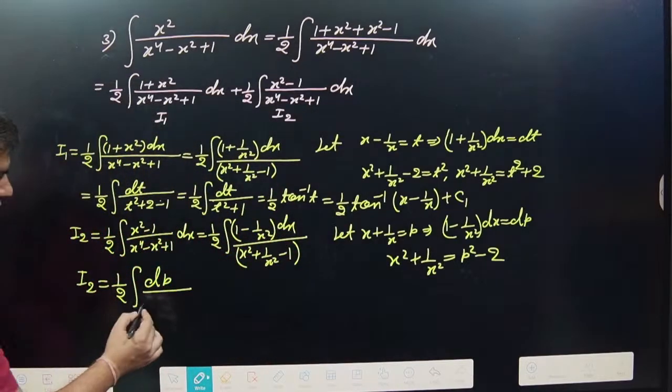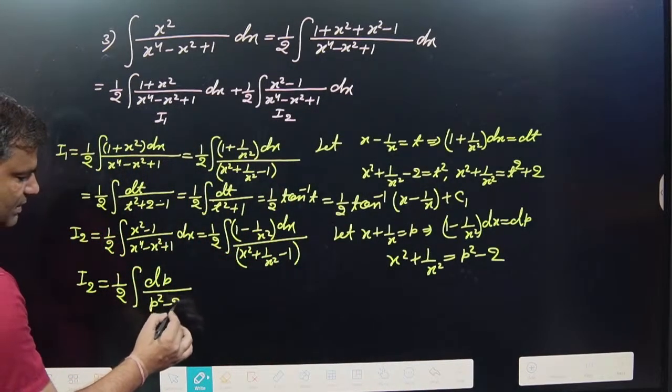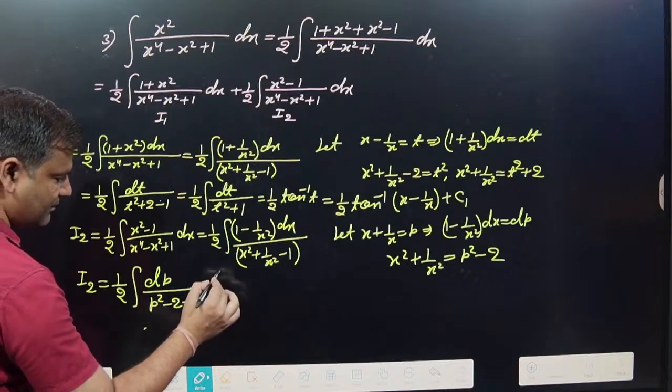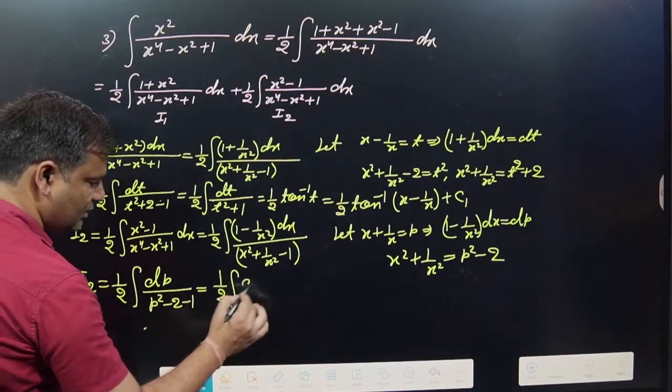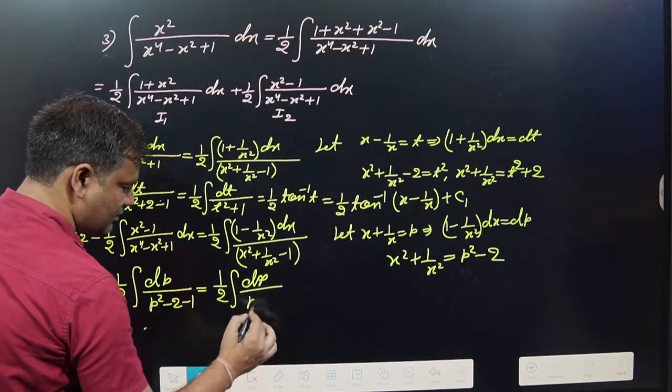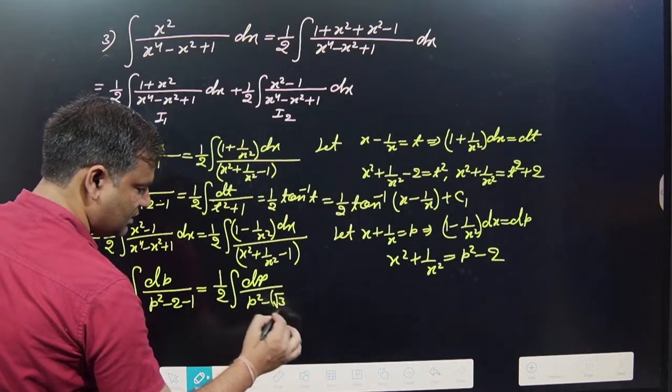So put here p square minus 2, and here minus 1 is already available, so 1 by 2 into dp divided by p square minus root 3 to the whole square.